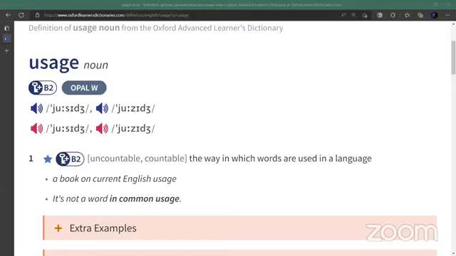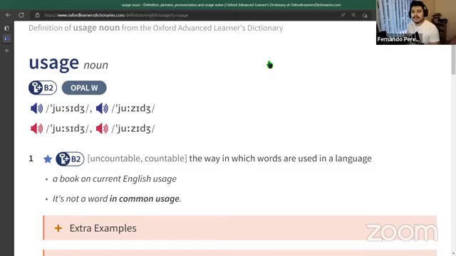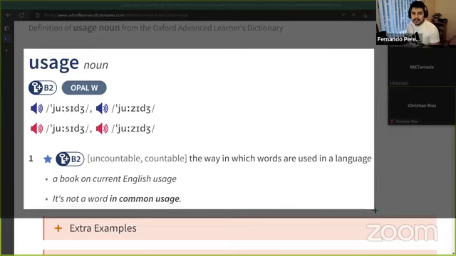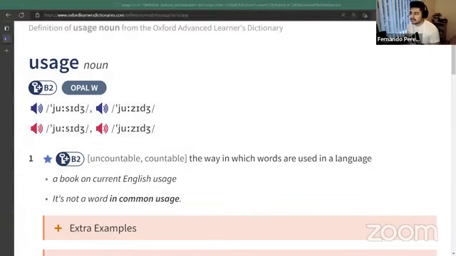The way in which words are used in a language. A poll on current English usage. It's not a word in common usage. You see? And this is a B2 vocabulary. That's super interesting. So this is vocabulary for your level. The application of a word in a language is called usage.